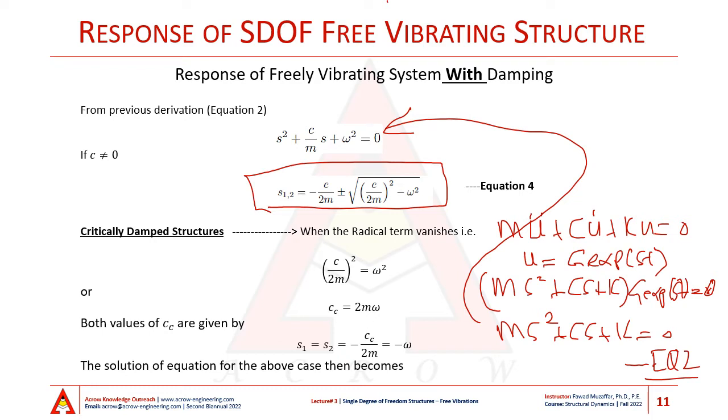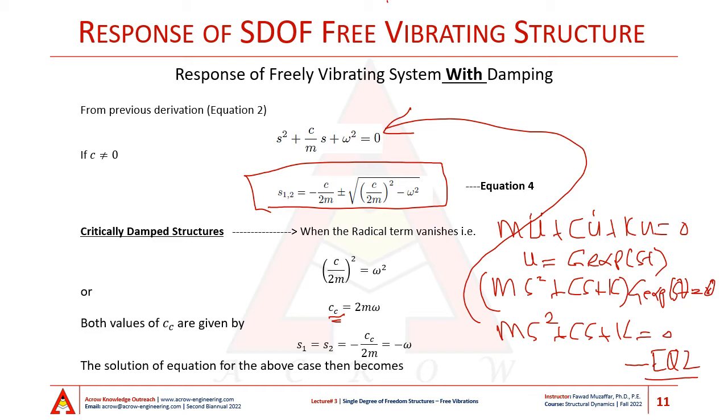Taking the square root on both sides, we get c is equal to 2m omega, and we define 2m omega to be the critical damping of a freely vibrating system. So that's why you see a subscript cc.